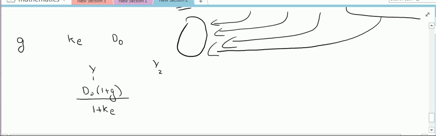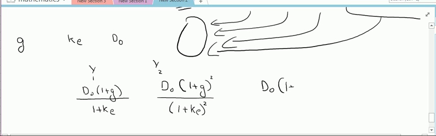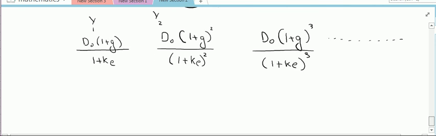Year 2's dividend will be D0 (1 plus G) power 2 divided by (1 plus KE) power 2. Year 3's dividend will be D0 (1 plus G) power 3 divided by (1 plus KE) power 3, and it will keep on moving on like this.